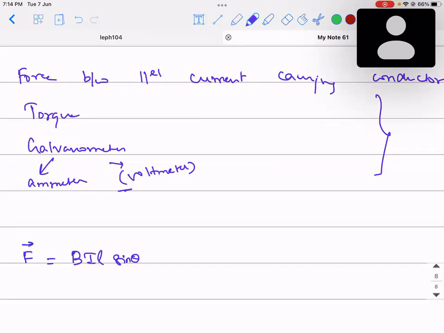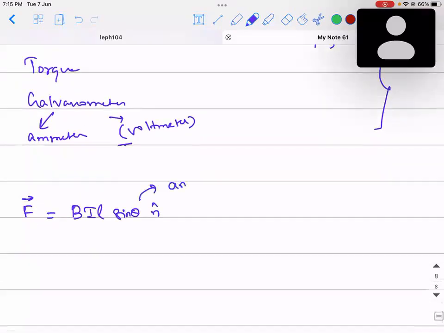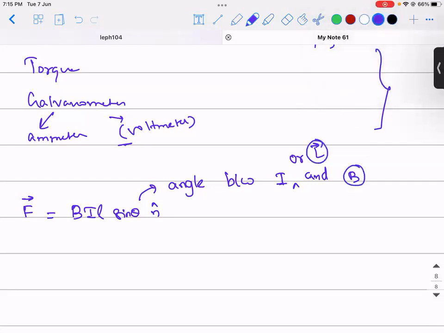If I put a vector symbol on top of it, it becomes F = BIL sin theta times n cap, where theta is the angle between the L vector and B. I itself takes the direction of current, so it is the angle between the direction of the L vector and the B vector.